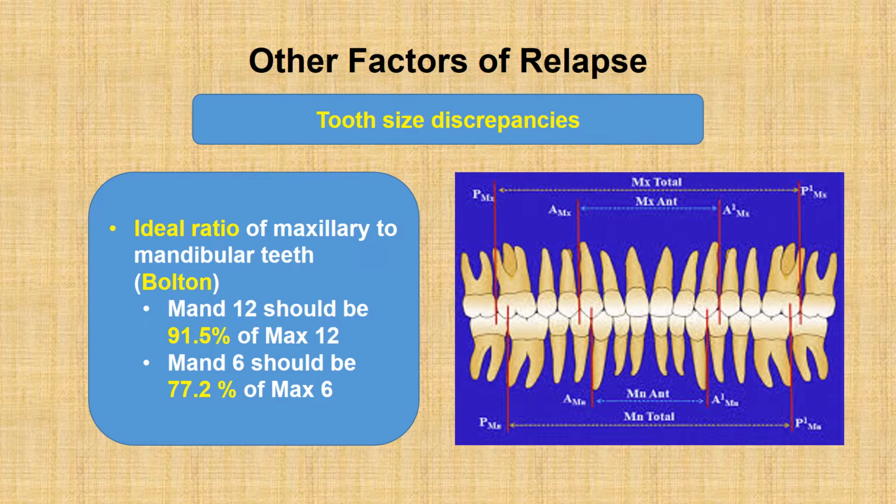He said that the mandibular 12 teeth, that is from the first molar to the first molar on the other side, should be 91.5% of the maxillary first molar to the maxillary molar on the other side. Now the mandibular 6 teeth, he said, should be about 77.2% of the maxillary 6 teeth.